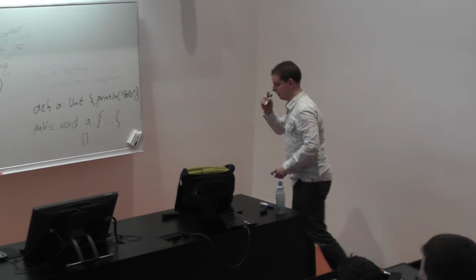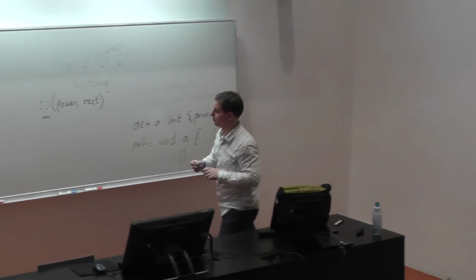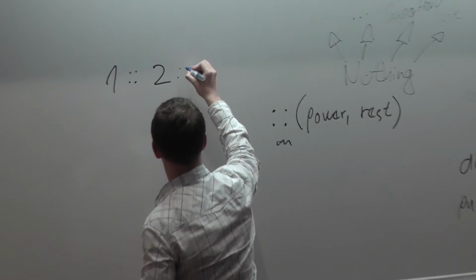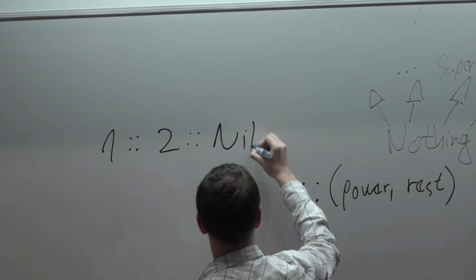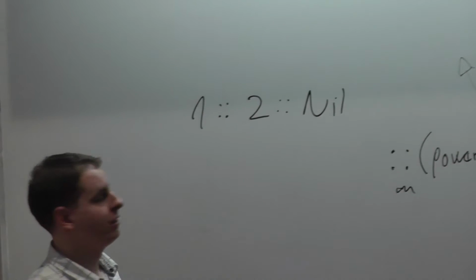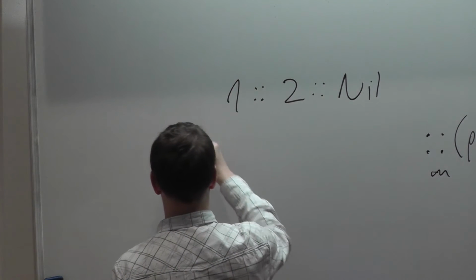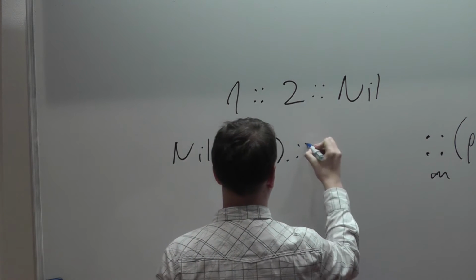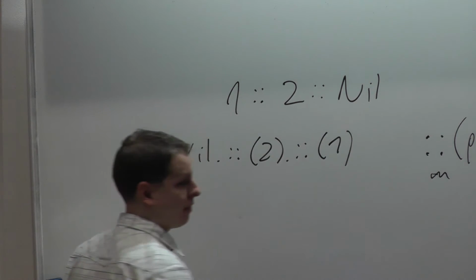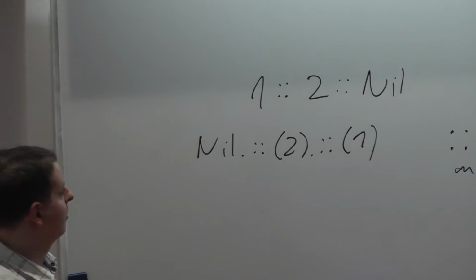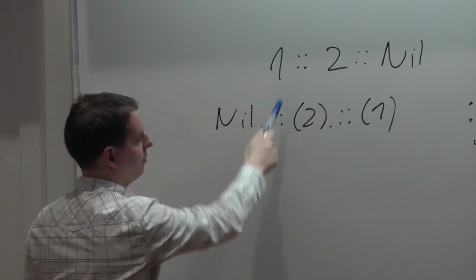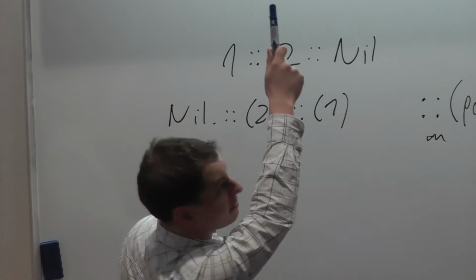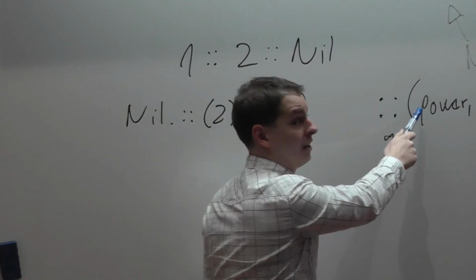So for example, if you write one cons two cons nil, it is the same as if you have written this. This is nicer. This is not. That is nicer. This is not.